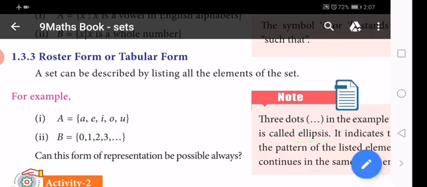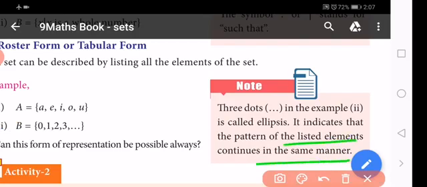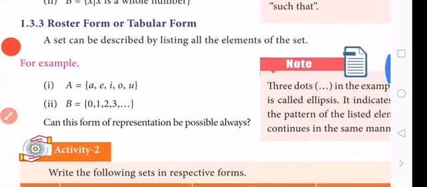It indicates the pattern of listed elements continues in the same manner. So this is the roster form or tabular form. These are the three methods of representation of sets.